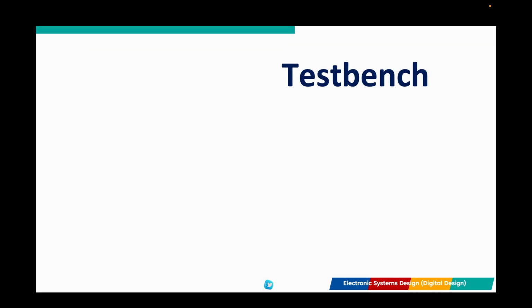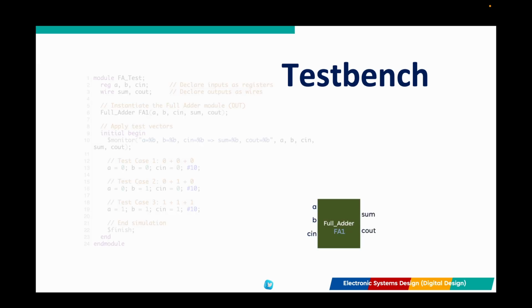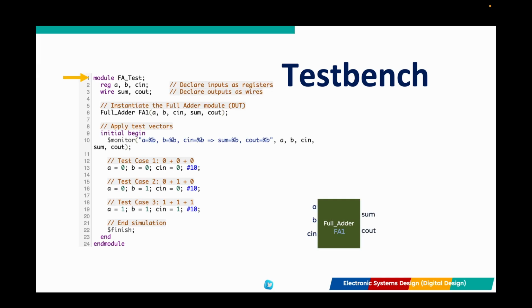Let's look at an example of using a test bench on a full adder circuit. To set up the test bench, we first declare our signals. We use reg for our inputs, like the A, B, and Cin, because we need to procedurally apply and hold these values during the test.